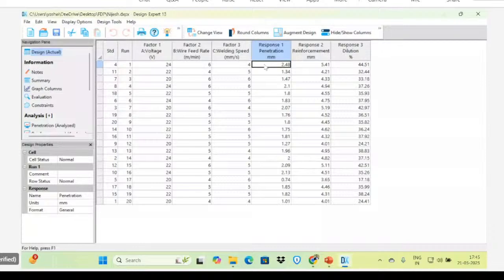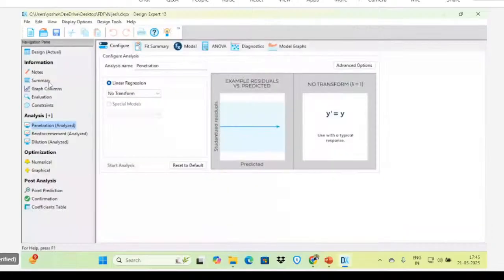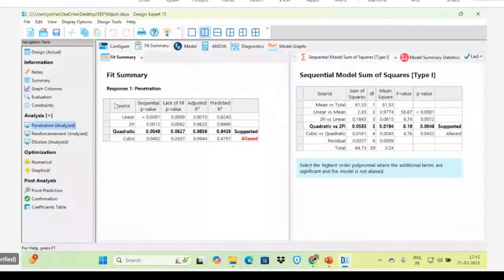So what we have to do first, we have to analyze all the things. First, we have to analyze the first response. Here, penetration is the first response. We have to go to penetration, then go to fit summary. We have already optimized this, so I'm showing you the optimized work.